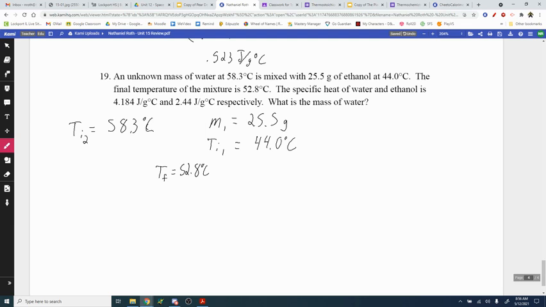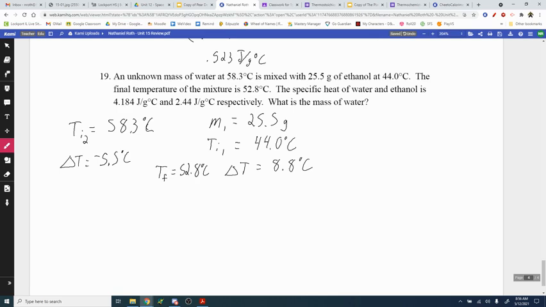So for the water, delta T equals negative 5.5 degrees Celsius, because it's final minus initial. And for the ethanol, the delta T is 52.8 minus 44, which is 8.8 degrees Celsius. And that one is positive.